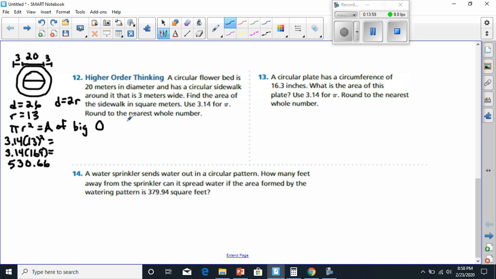So in this case, we're going to have pi r squared equals the area of the little circle, which is just the flower bed.